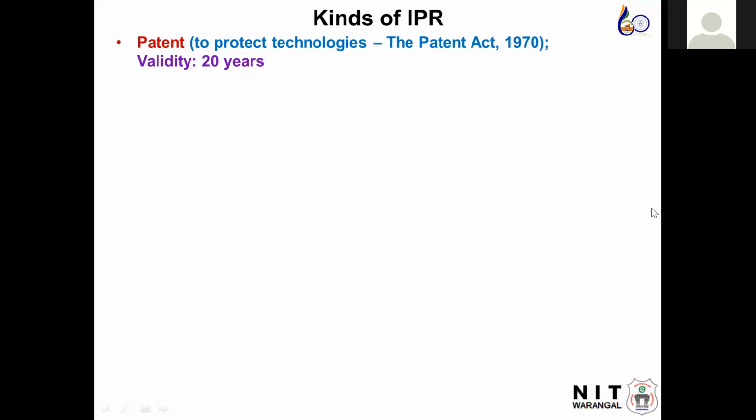After 20 years, anybody, without telling you, can use the concept, the principle, the formula, whatever you have defined in the patent. Before that, because in a patent you have to give all the explanation and classification, say a chemical formula or a drug formula, you have to give everything, but nobody can reproduce it without your permission.